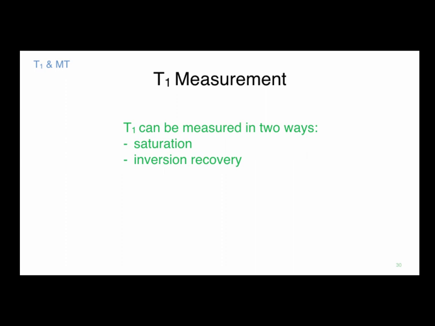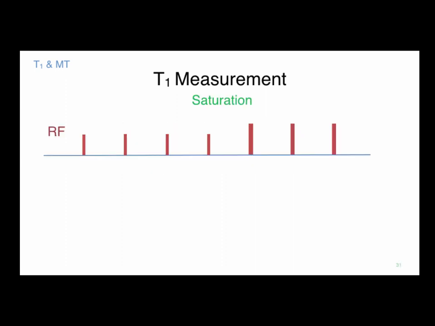General T1 measurements can be classified in 2 general categories: one saturation, one inversion recovery, as we already alluded to in the slides before. So one way to measure the T1 is to do 2 sets of experiments where you repeatedly apply the RF pulses and look at the equilibrium level, and then repeat the experiment with say a higher flip angle.